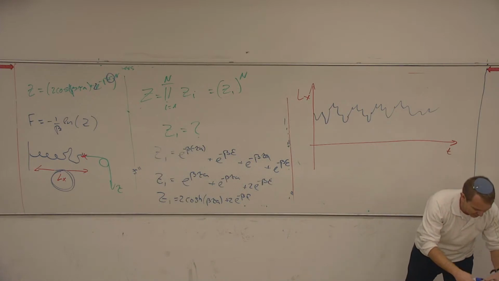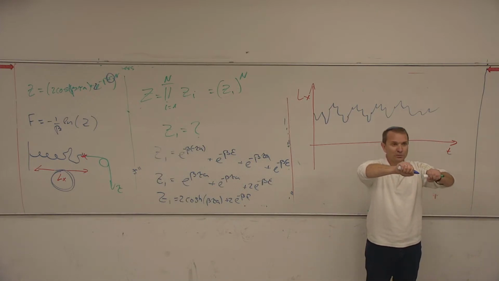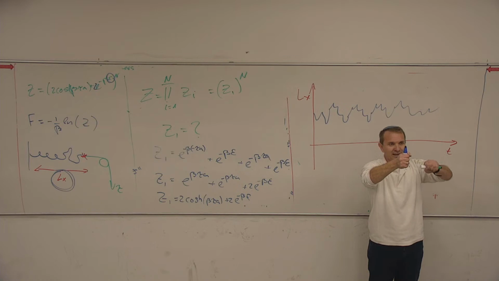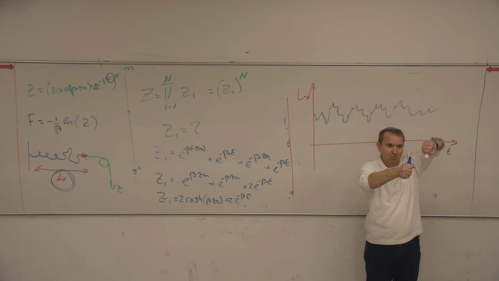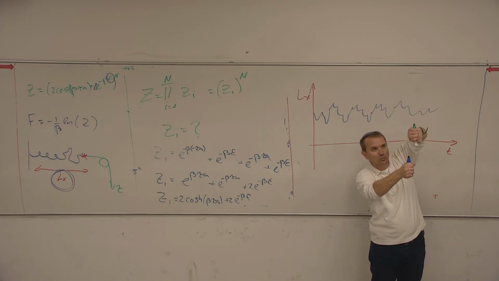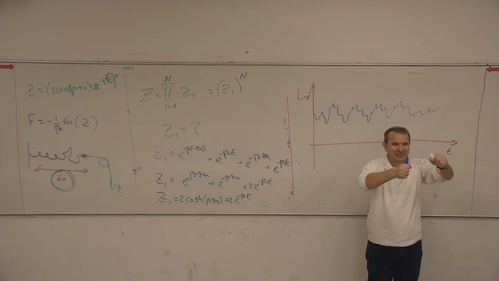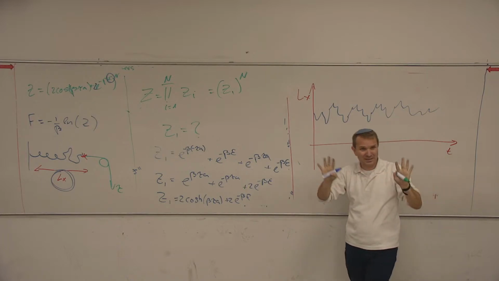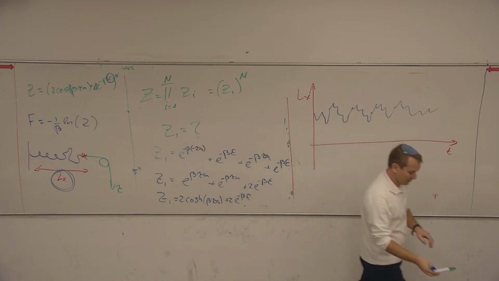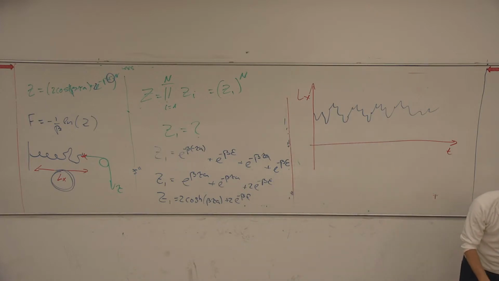If I have two monomers and this one pulls upwards, this one may also want to point upwards. We are assuming that they are completely independent. This is a big simplification, but it still works.